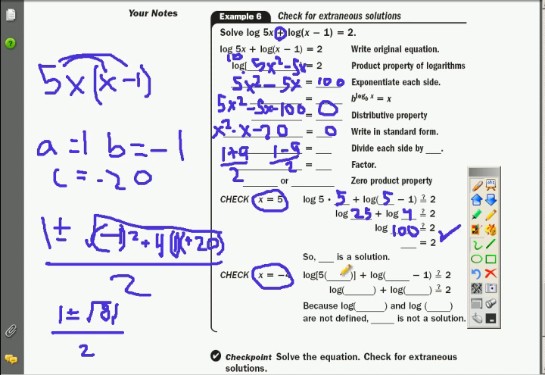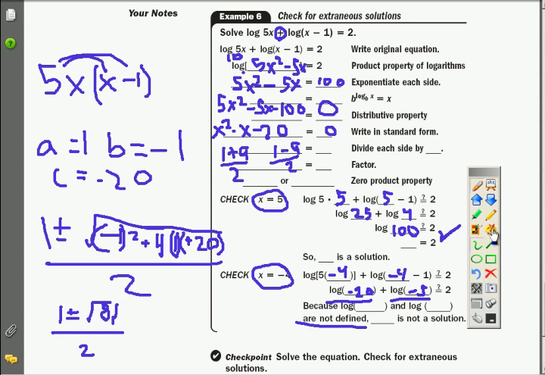Let's try this other one. I have 5 times negative 4, which is going to be negative 20. I have negative 4 minus 1, which is negative 5. I multiply those things together and I'd get 100, but because you can't find the log of a negative, those would be undefined, so you have to stop right here. As soon as you find the log of a negative, you stop.